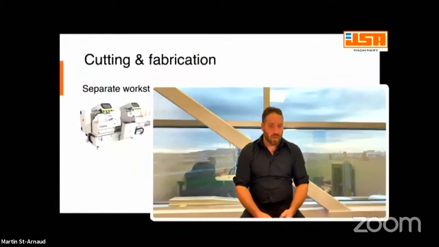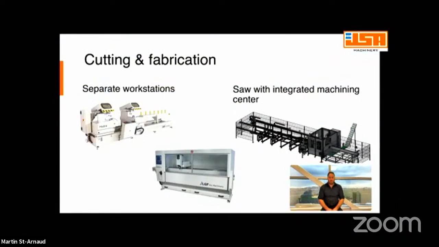Instead of using an end mill and a copy router, you could be using one of those, putting the bar in, cutting both ends with a cutter stack, and at the same time doing your lock pre-location and everything. So there's a lot that can be done on those workstations for much smaller fabricators.